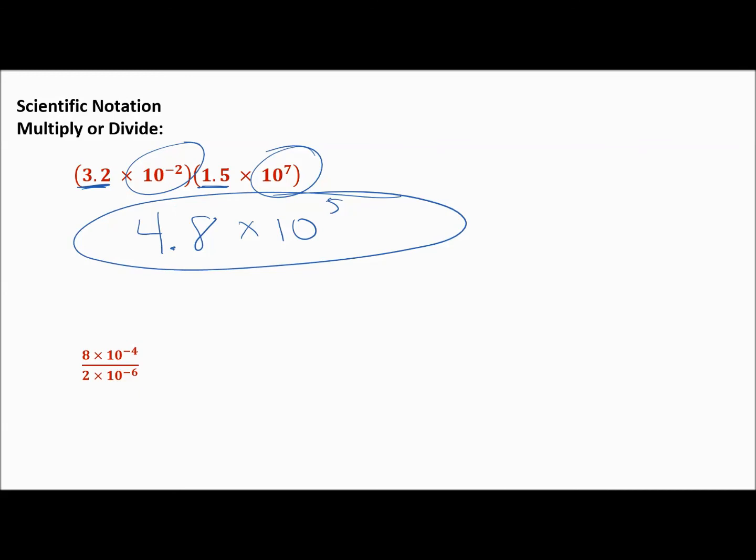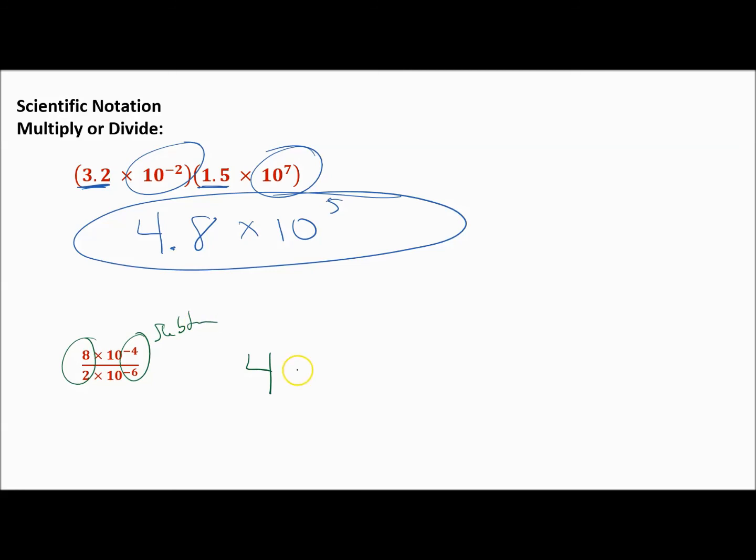All right, now let's do this with division and see how it goes. All right, so when I do division, first of all, I can work with the number part. 8 divided by 2 is 4. Now, I'm dividing 10 to the negative 4 by 10 to the negative 6. Remember, the rule is if you have the same base, you subtract these exponents.